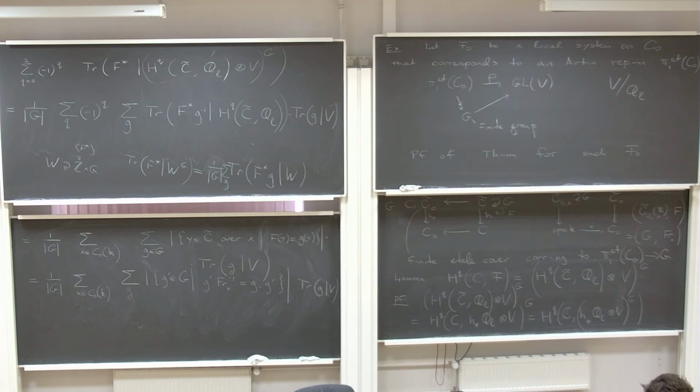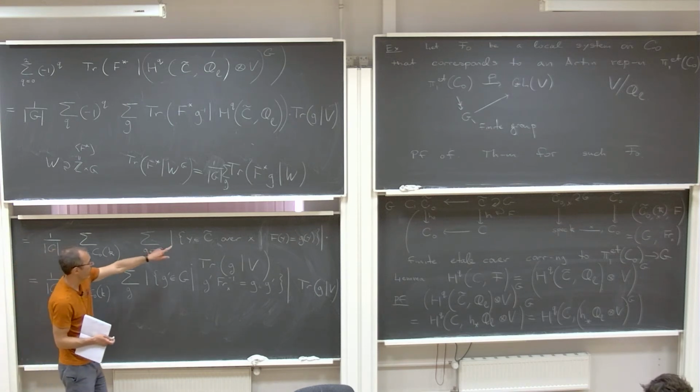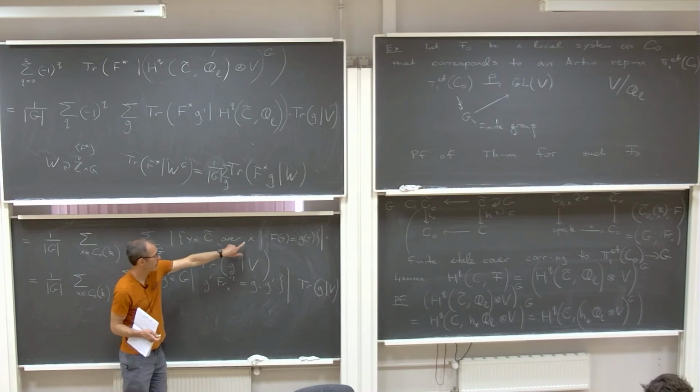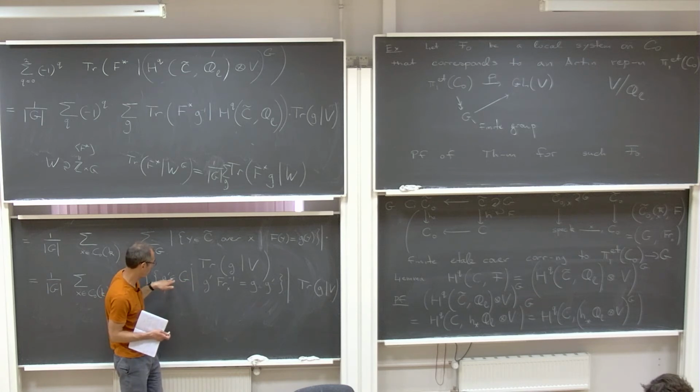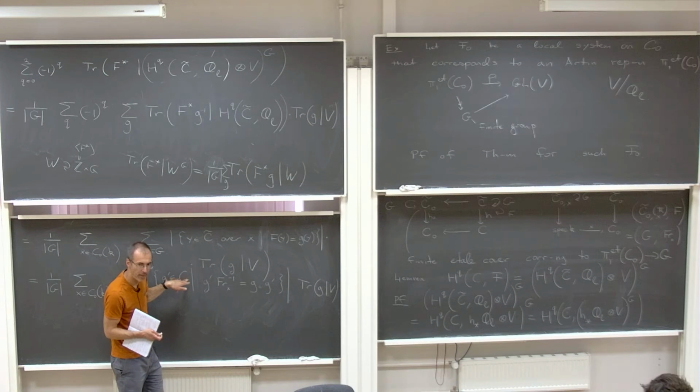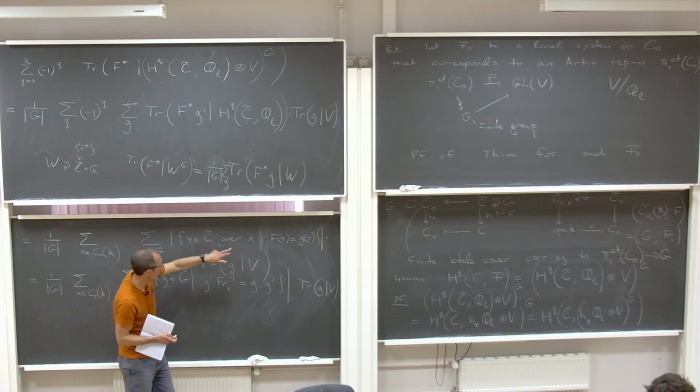Again, what happened here? I fix one point lying over X, and then all other points correspond just to an element G prime of my group. Under this identification, the action of the Frobenius is given by this formula.